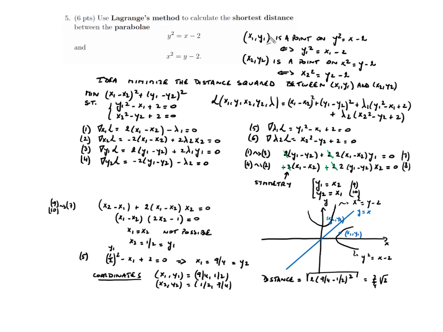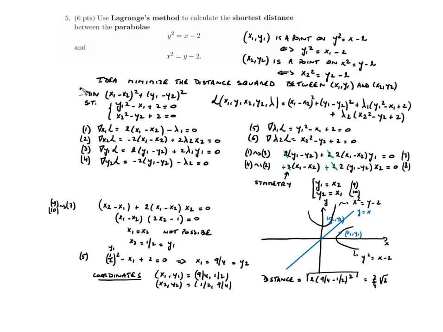We want to minimize the distance between the 2 points, and we have seen before that it is equivalent to minimize the distance squared between the points. This is simply because the square is a monotonically increasing function, and therefore the problems are equivalent as far as the minimizing arguments are concerned.